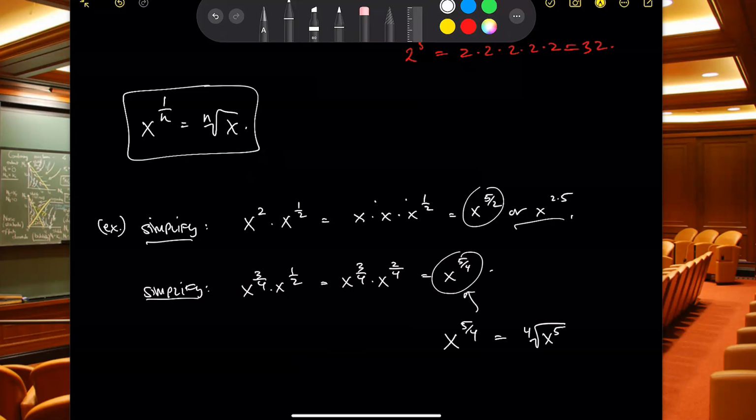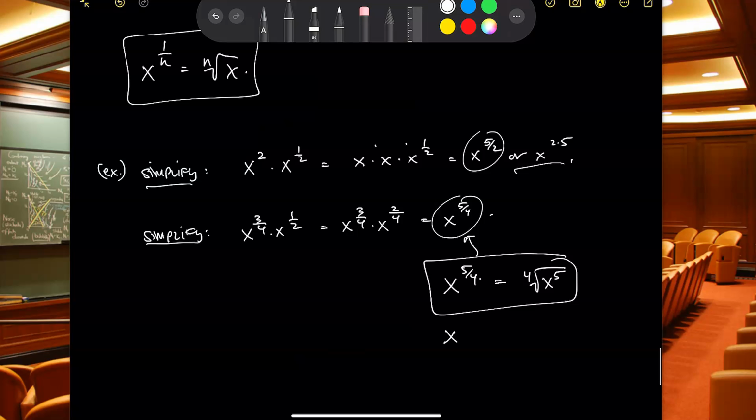Because the numerator means how many of this thing I have, and then the denominator of the exponent means what root I'm taking of it, right? So that's what this means here. So in general, you could write this down: x to the n over m is the mth root of x to the n. So here's an example to go with that.